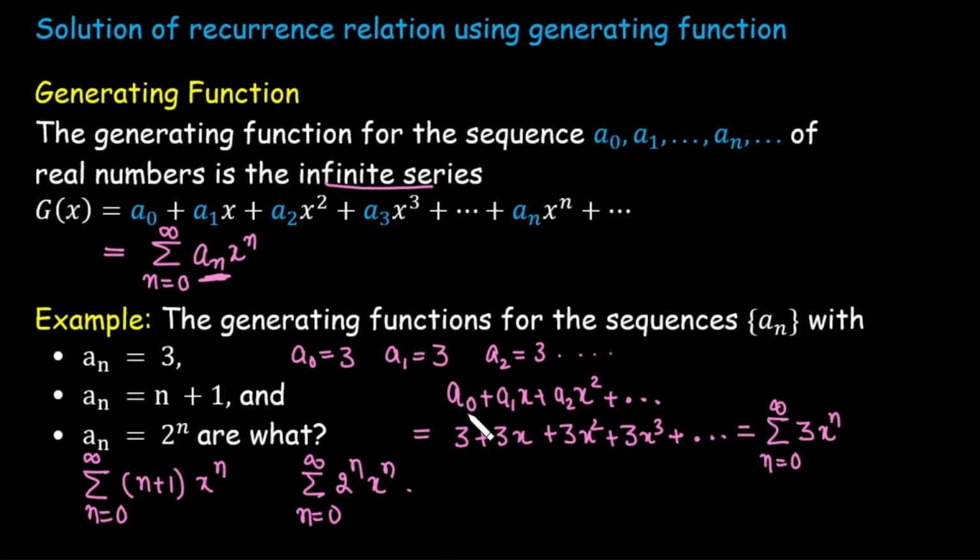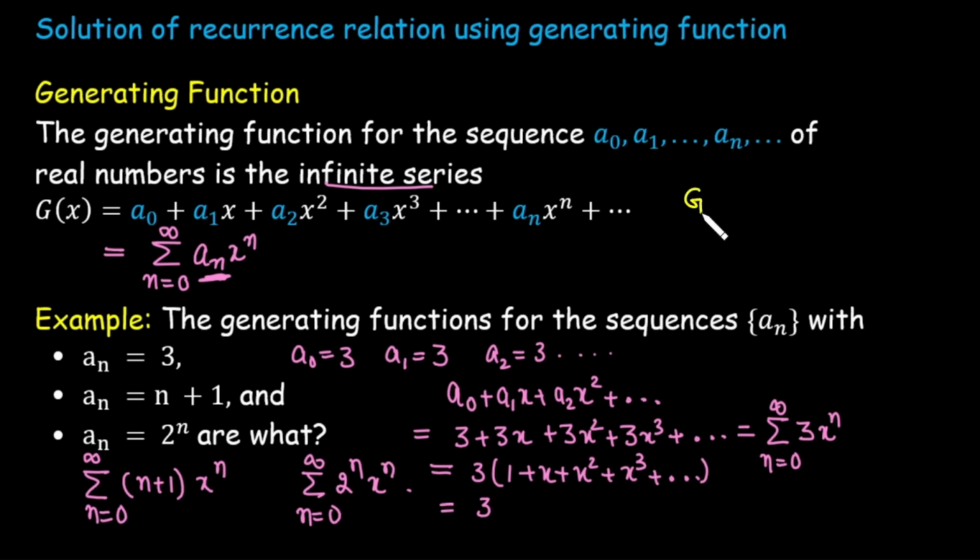These generating functions are written in the form of a summation. We can further rewrite them in a simplified form. Like in case number 1, we can also write it as 3 into 1 plus x plus x square plus x cube, and continue this. What is the sum of this series? As you can observe, this is a GP series.